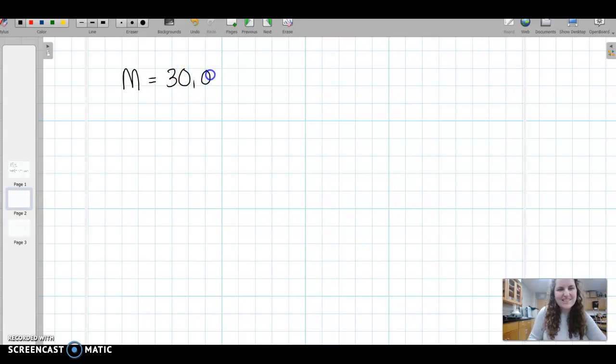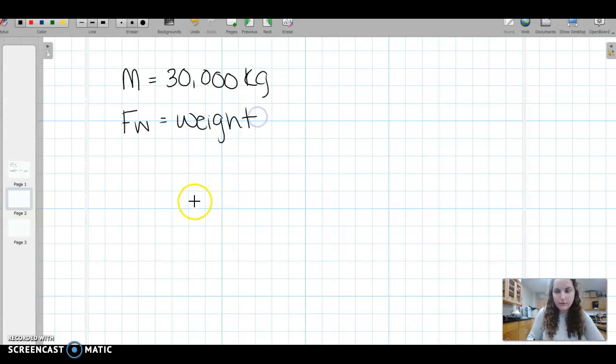Now we need to solve for its weight. Let's say that Fw is equal to the weight, because weight is a force. So Fw is equal to mg.